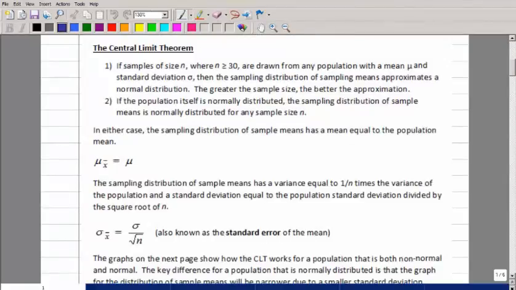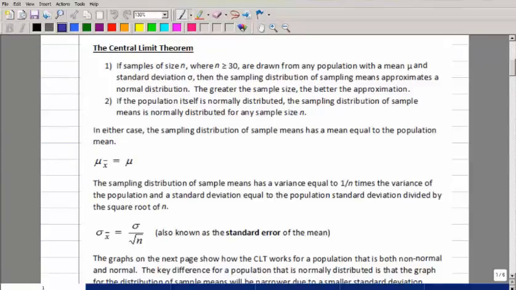Now the population mean of all those individual sample means that I was mentioning will just end up being equal to the population mean. So no big change there. The mean that they give you in the problem will be the mean that you use in your calculation. Now here's where it becomes interesting with the standard deviation.